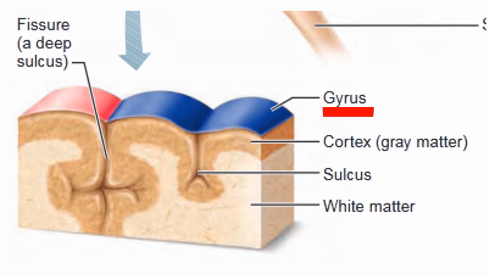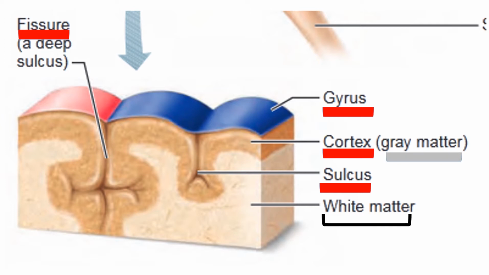This is a gyrus, the blue colored part, because it is an elevation, and this is a sulcus because it is a depression, and here is a fissure which is a much deeper sulcus, and we can see that the cerebral cortex is made of gray matter on the outside and white matter on the inside.